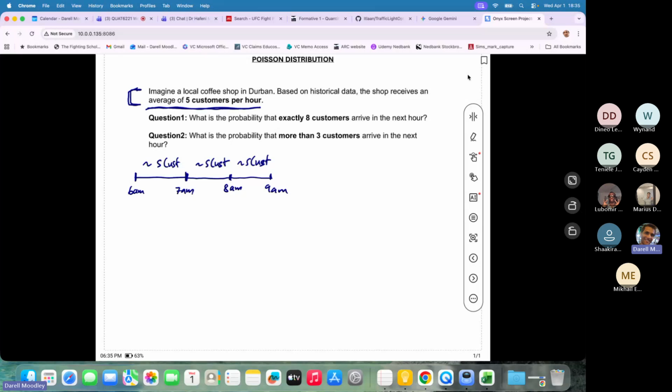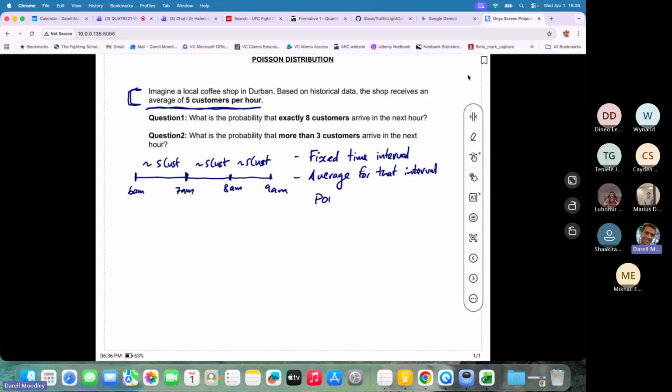So this is a dead giveaway that you should use a Poisson distribution. Why? Because whenever you're given a fixed time interval, and you are given an average for that interval, then that's a Poisson distribution.